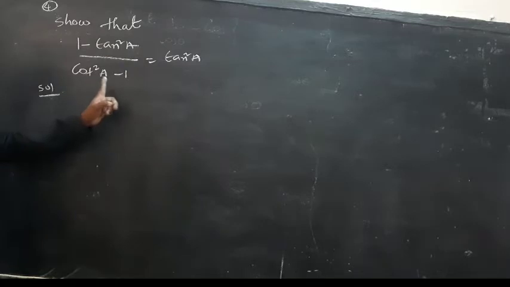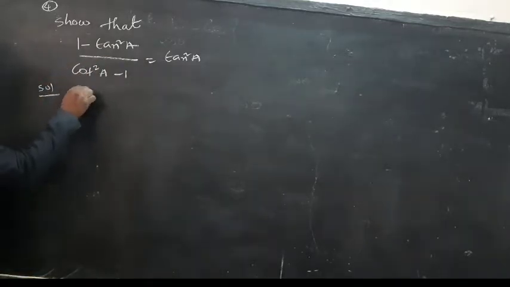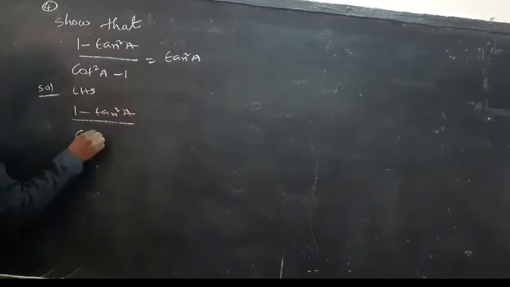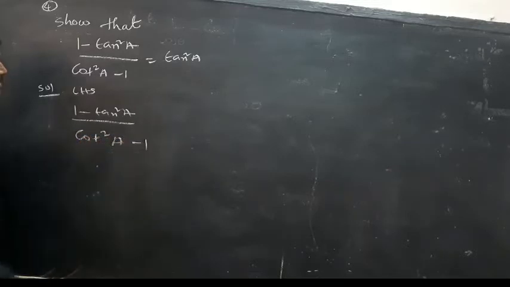Here another question from exercise 11.4. Show that (1 minus tan square A) by (cot square A minus 1) is equal to tan square A. First I am taking LHS. What is LHS here? 1 minus tan square A by cot square A minus 1.